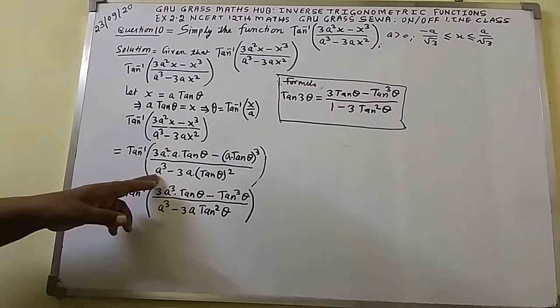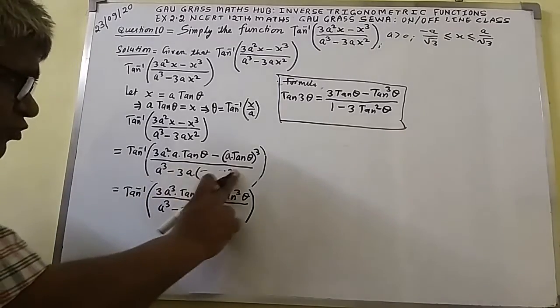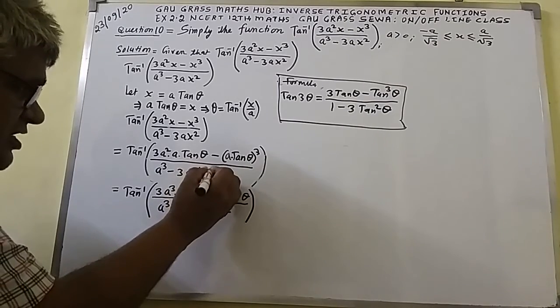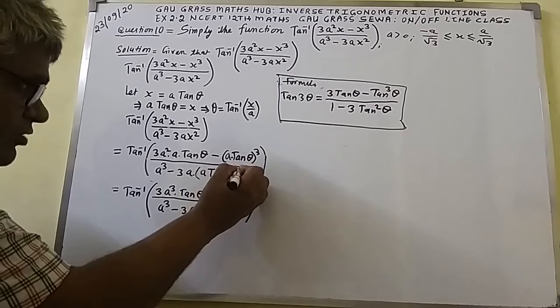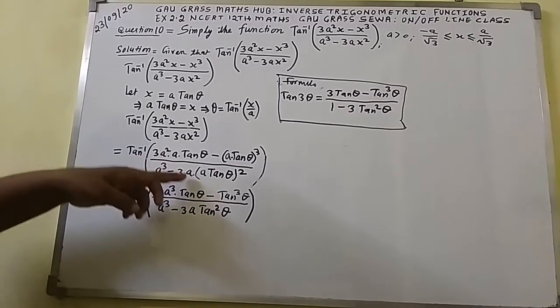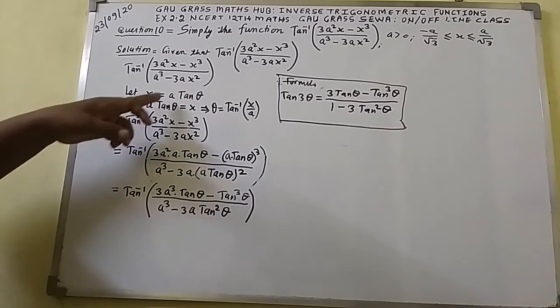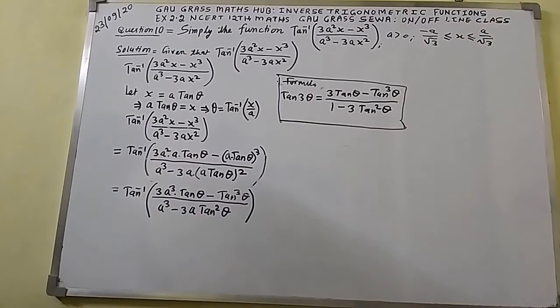Here also a cube minus 3a. Here also in place of x I can write a tan theta whole square. A cube minus 3a dot, in place of x I can write a tan theta, a tan theta whole square it will become.